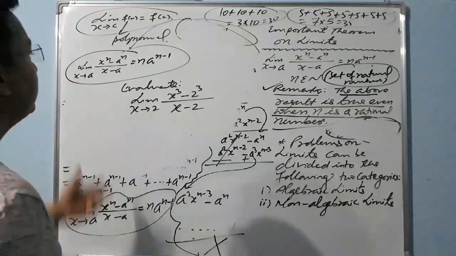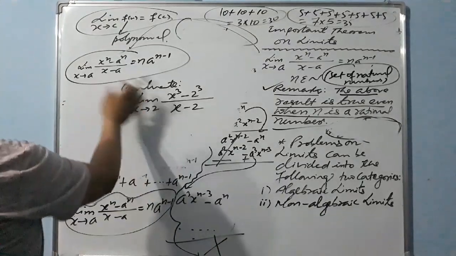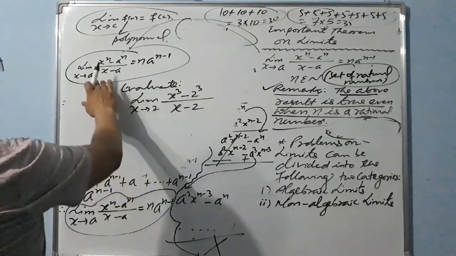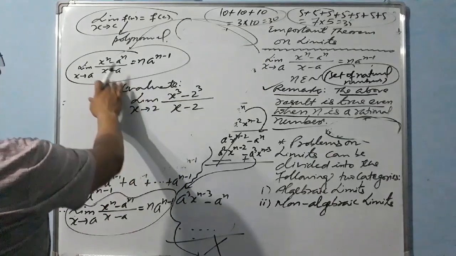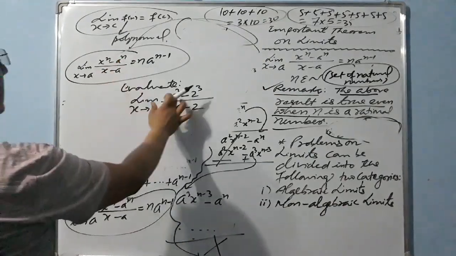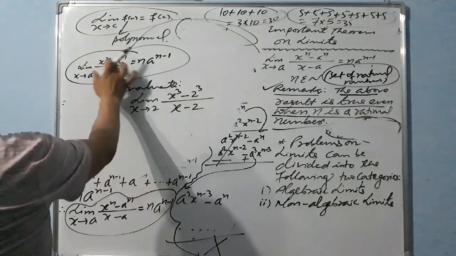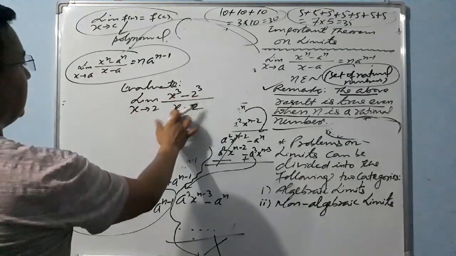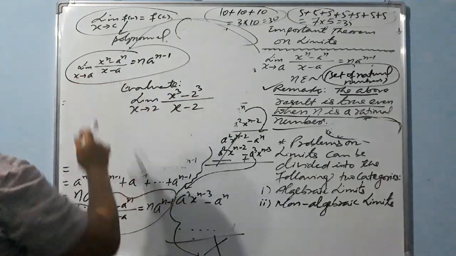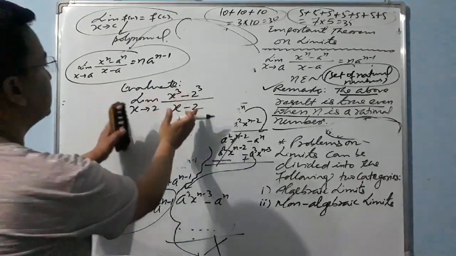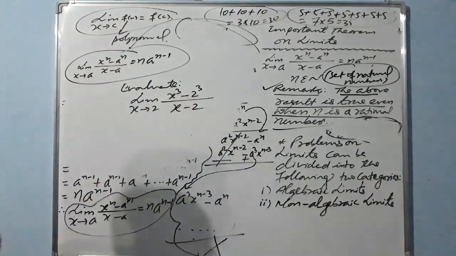Yes, exactly in this form, because here we have x^n and a^n, x minus a, and x tends to a. So exactly this question is just like this theorem.